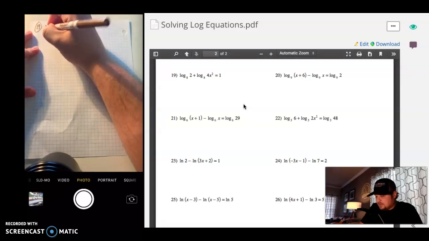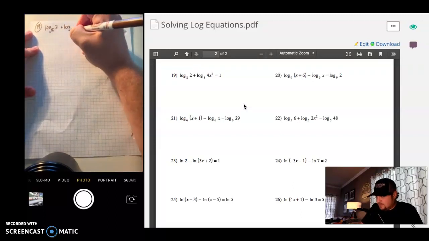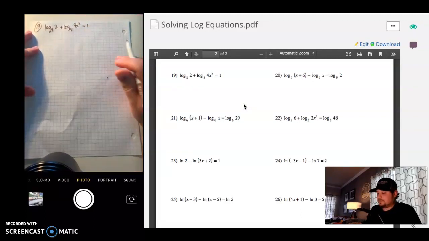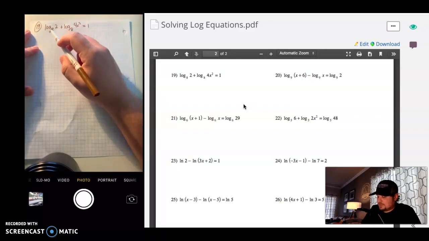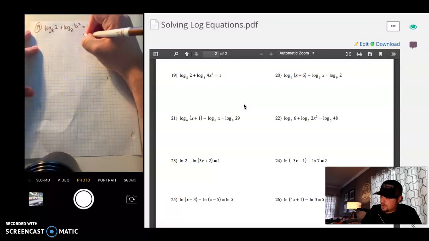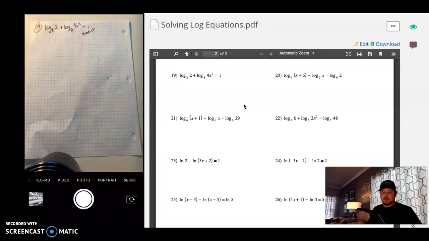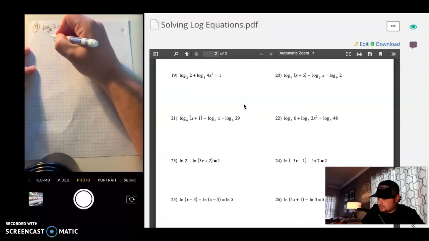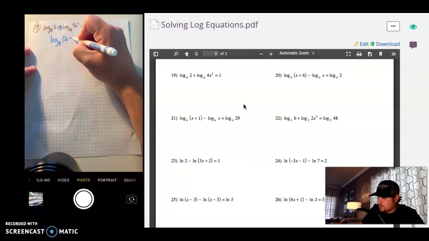Number 19 is log with a base of 8 of 2 plus log with a base of 8 of 4x squared, and that's equal to 1. To deal with these 2 logs being on the same side, I'm going to take advantage of the product rule for logs, which says that if I have 2 logs that are added to each other, I can smush them into 1 log and make their arguments be multiplied.